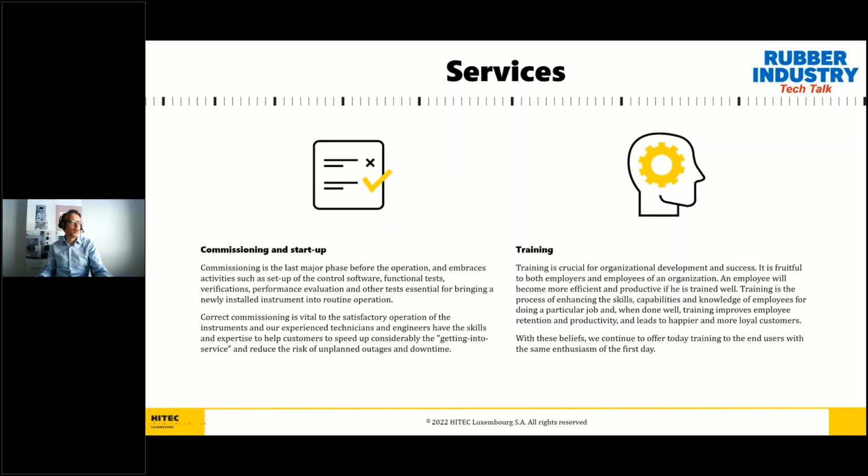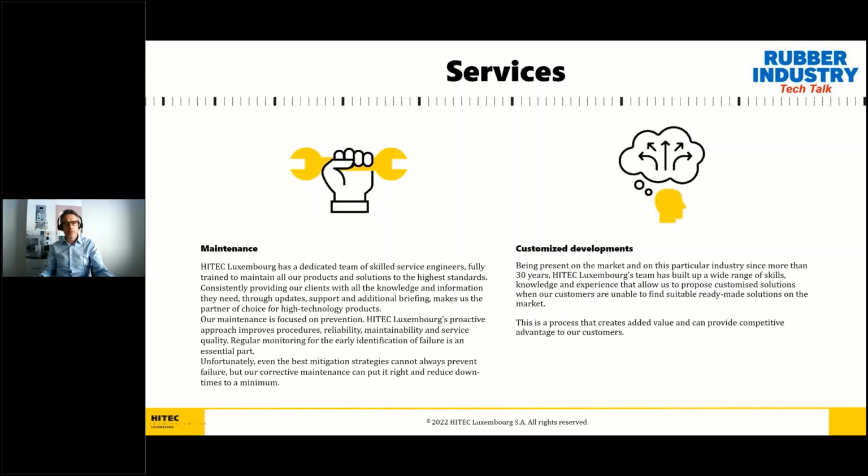This can be commissioning and startup of the machine at customer premises, training offered online or on the customer premises, maintenance, preventive or troubleshooting. And in some cases where we already have experience, it can be custom developments.